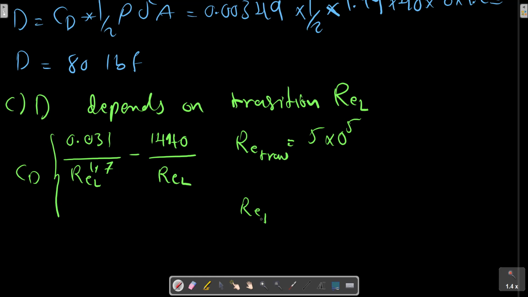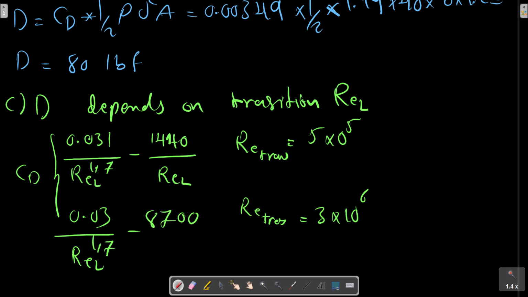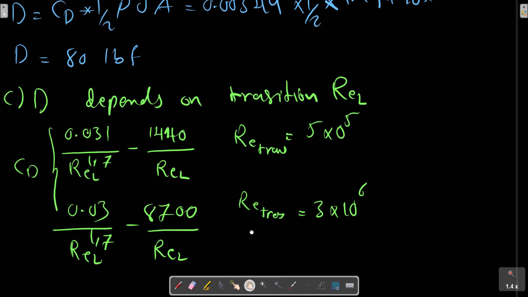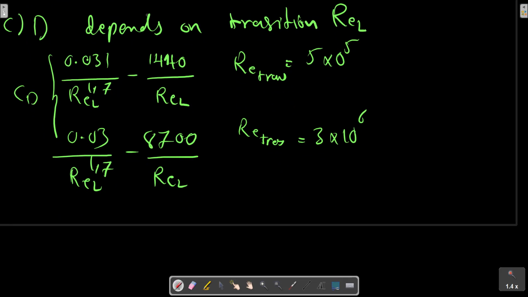And the Reynolds transition is equal to this relation. In this case, we have the transition of case number 1.